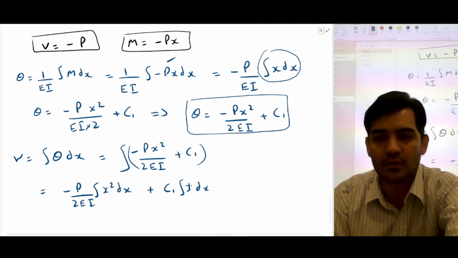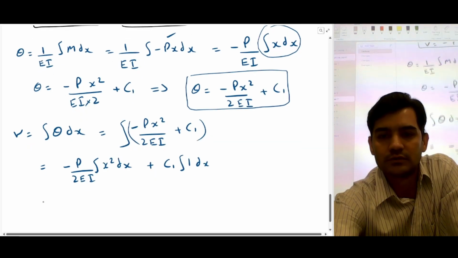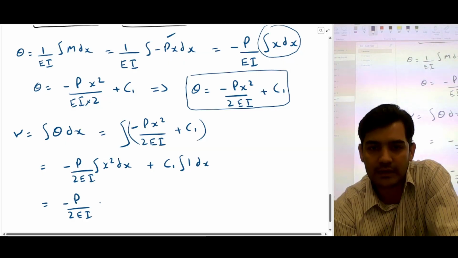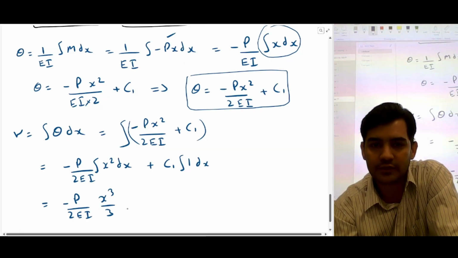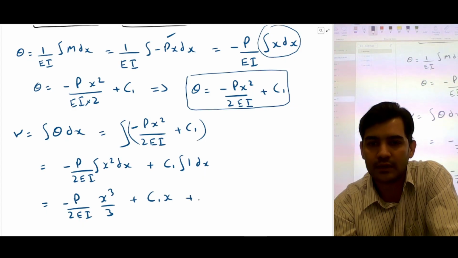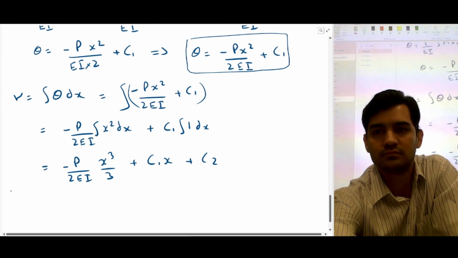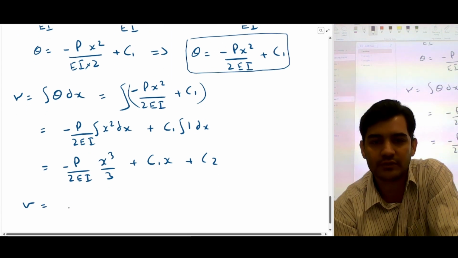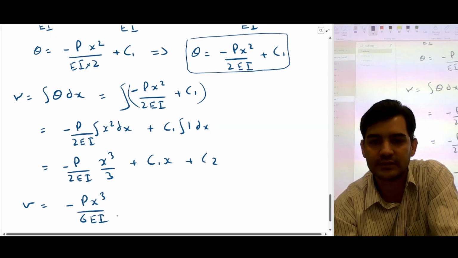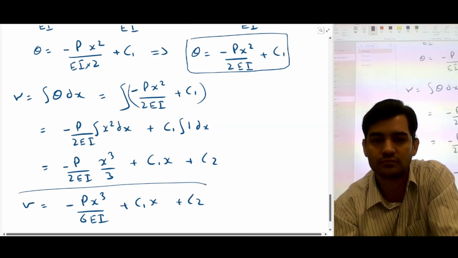Doing the integration, it's minus P over 2EI times x cubed by 3 plus C1x plus C2. So the equation for displacement is negative Px cubed over 6EI plus C1x plus C2.